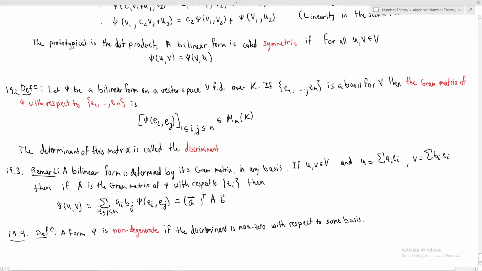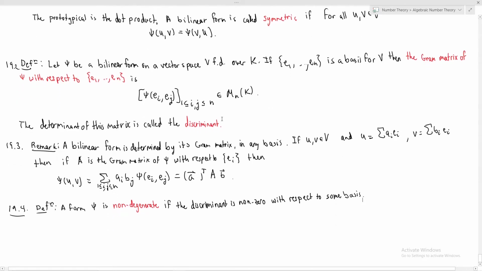It turns out there are a couple of different things you could ask here. One concern is that the discriminant can be different for different bases.